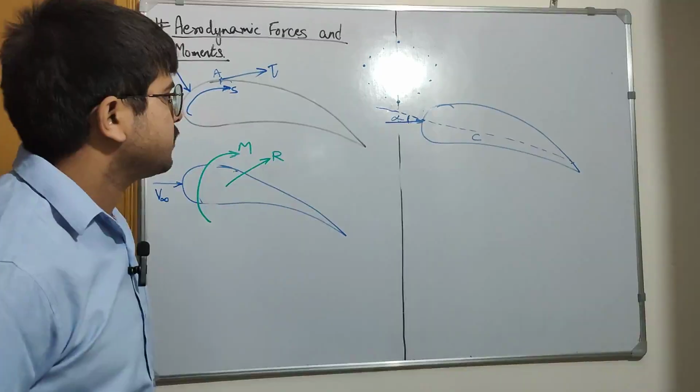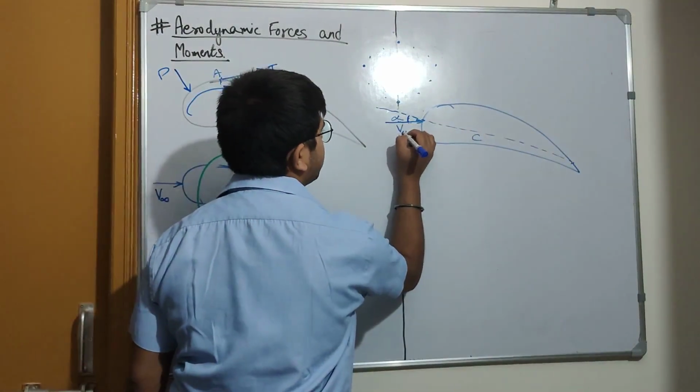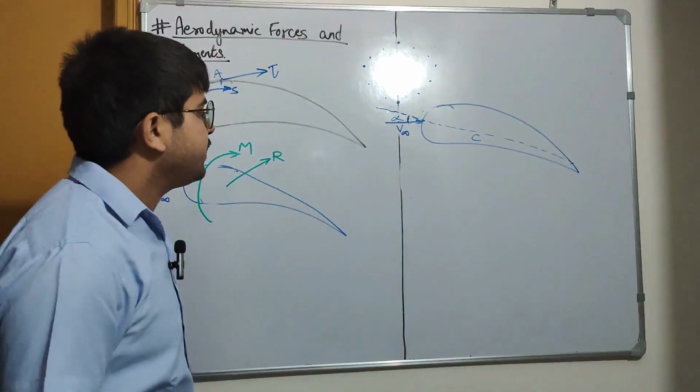This is V infinite, free stream velocity.